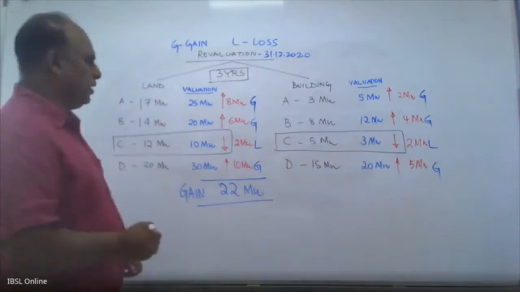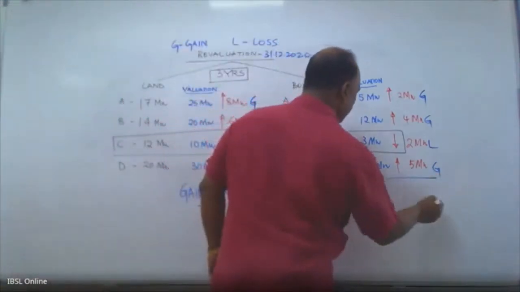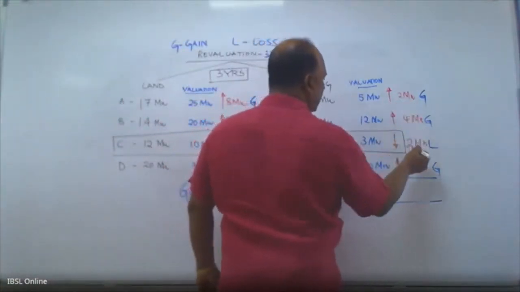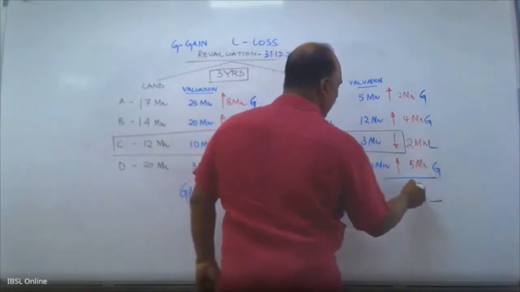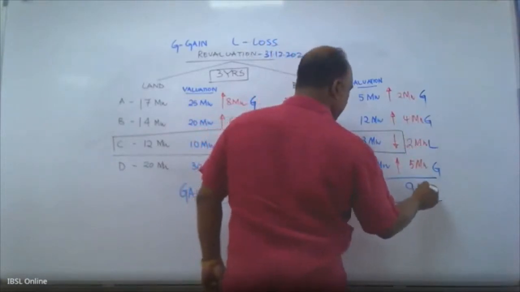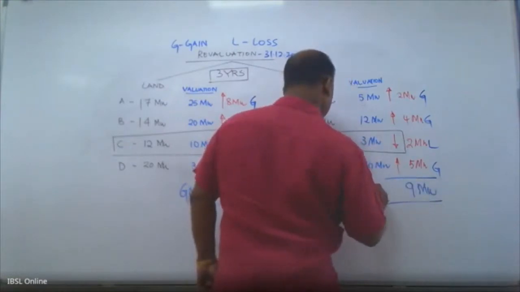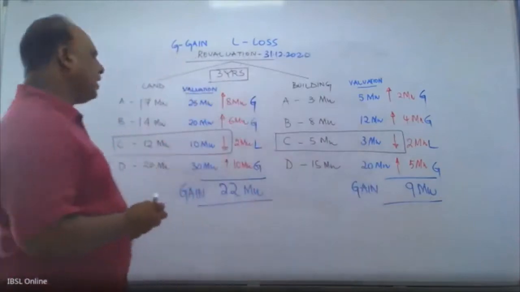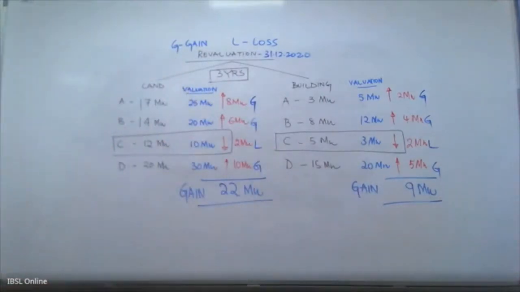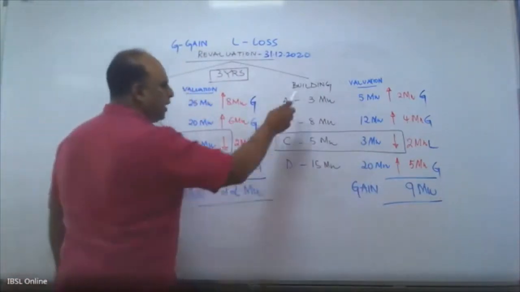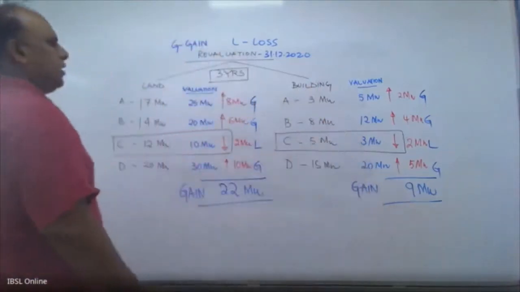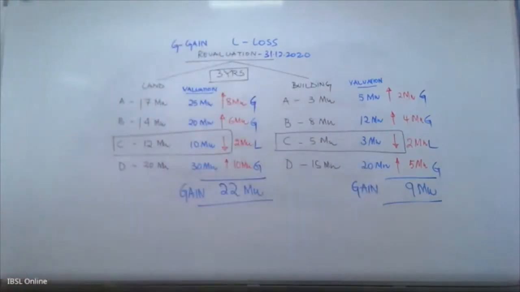Here also, 2 plus 4 is 6, minus 2, 4, and it will be 9 million. So you have a revaluation gain of 22 million in land and 9 million in buildings. Okay. You can take down quickly.